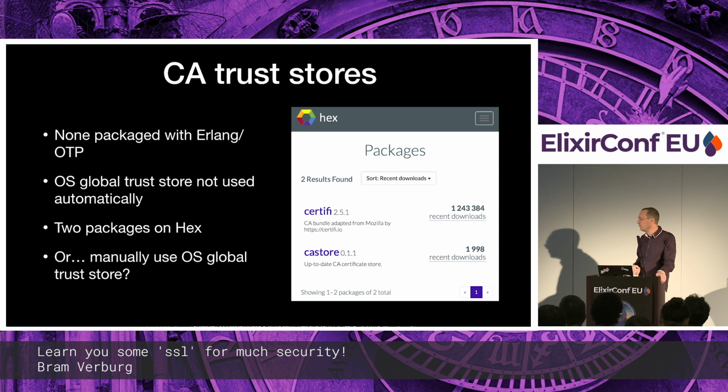And so there are basically two packages in Hex that people tend to use. One is called Certify. It's the most popular one, and the new one, CA Store by Eric. It's the new kid on the block. But I want to go back to talking about the OS trust store, because maybe that's the best option.